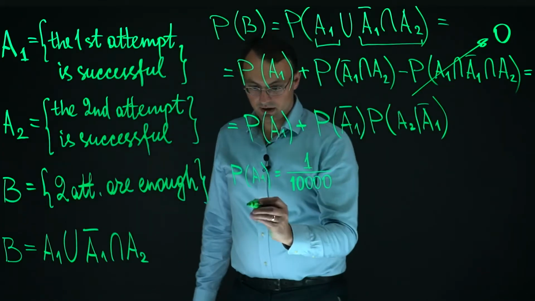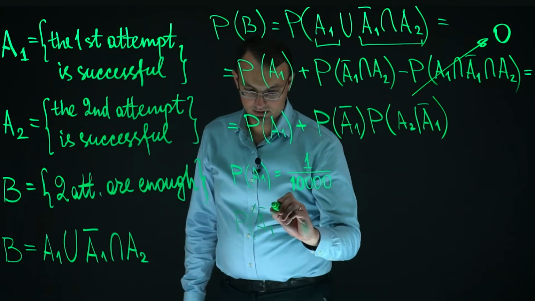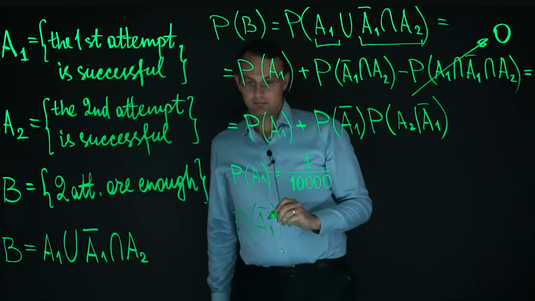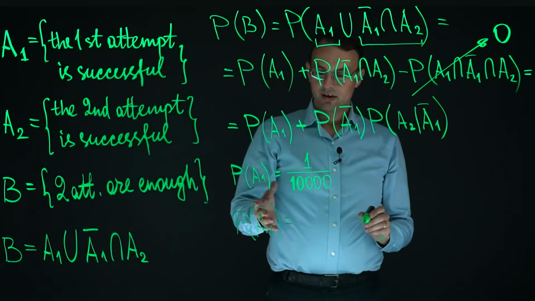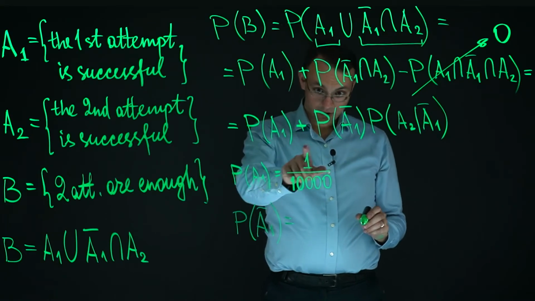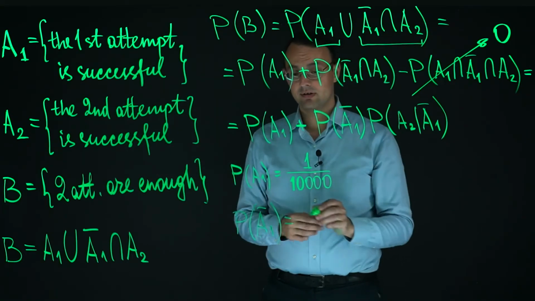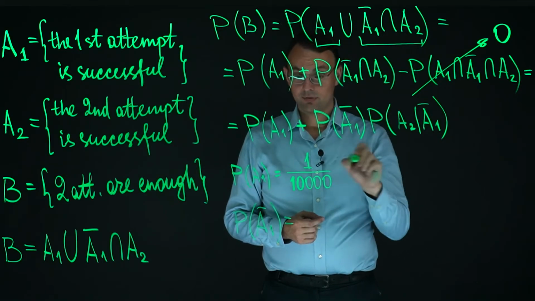Then P of not A1. We can say that from the one hand it is 1 minus the probability of A1. So 1 minus 1 over 10,000, that is 9999 over 10,000.